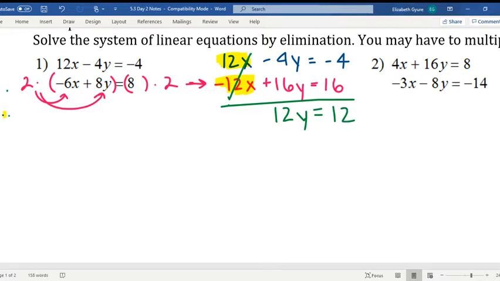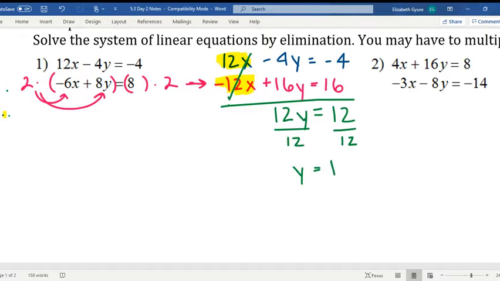Olivia, what would be my next step? Oh dear. Aaron, what would be my next step? Thank you. Divide both sides by 12. So we're going to get 12 divided by 12 is 1.